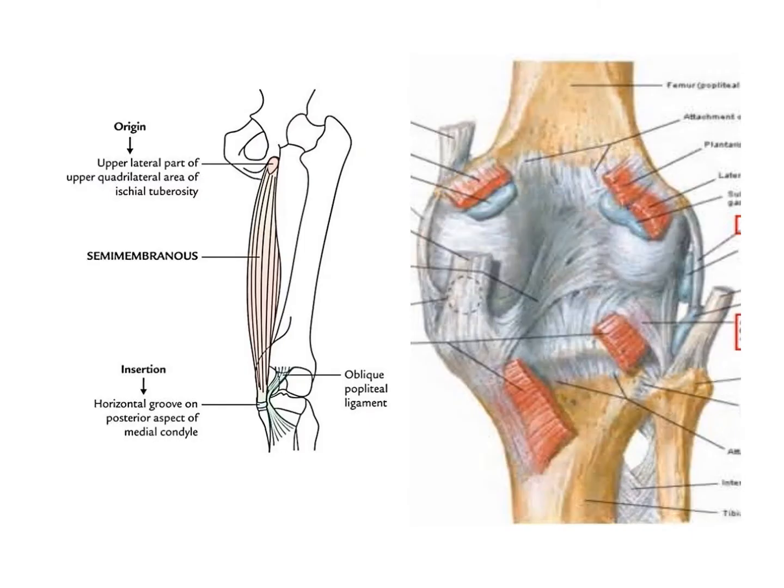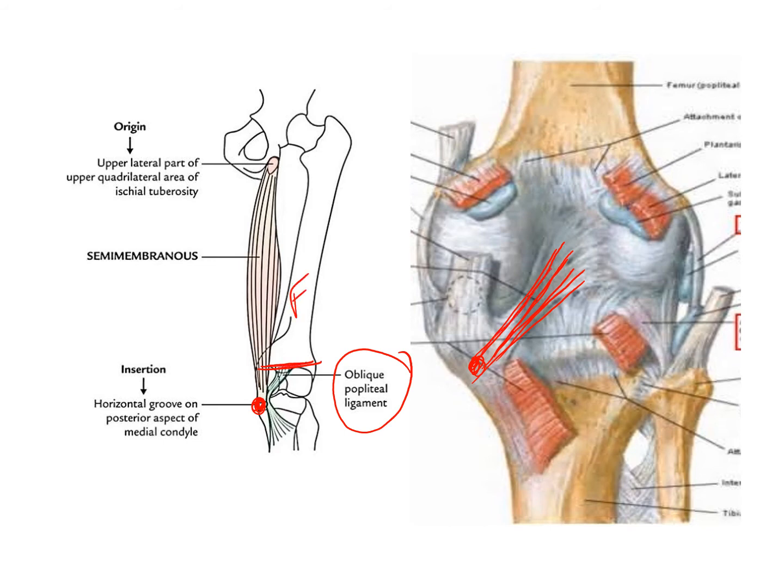Now, after its attachment, semimembranosus gives out important slips. What are they? After its attachment, it gives out a ligament running obliquely. That ligament is called the oblique popliteal ligament. This ligament is attached to the intercondylar line of the femur.